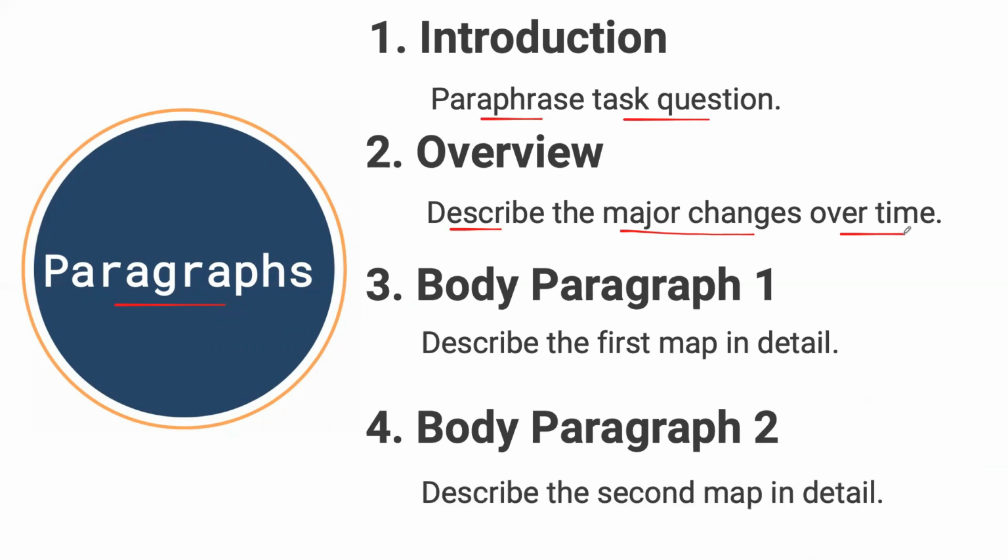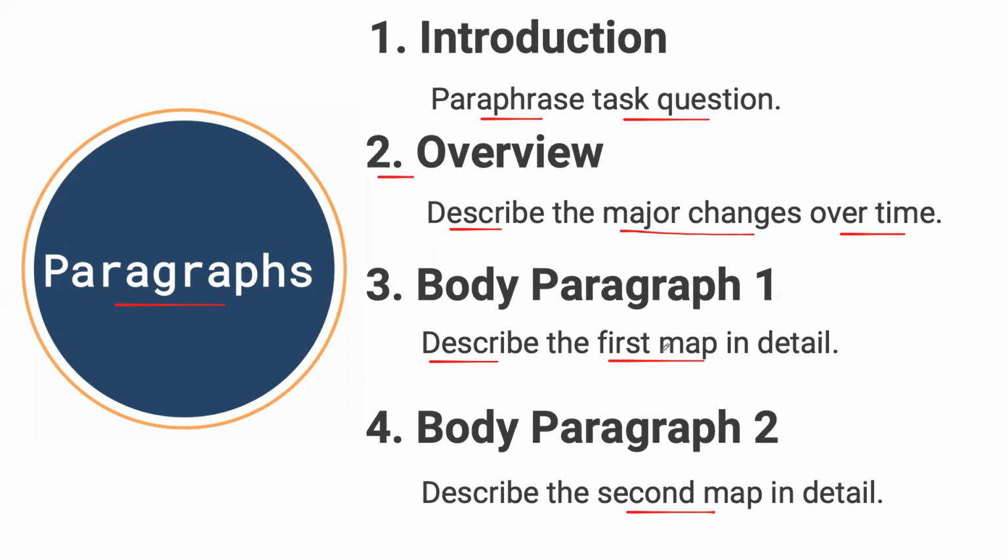And then in our body paragraph 1 and body paragraph 2, we're just going to describe the first map and then the second map in detail. So notice how our overview paragraph is not going to have specifics or details. That is going to be reserved for a general theme. The details will be left in the body paragraphs. All right, so keep this in mind.